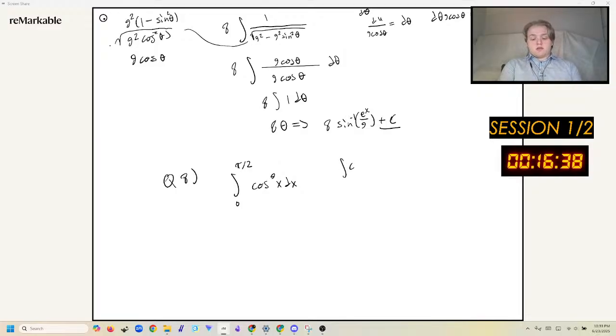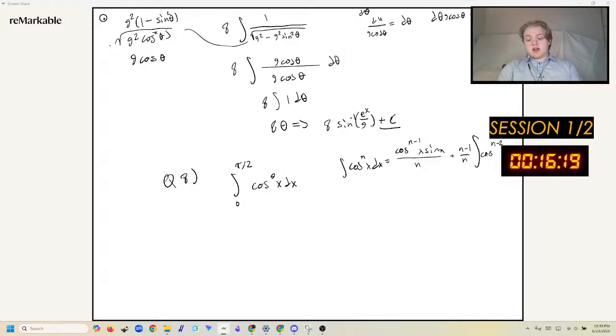The integral of cosine to the n of x dx is equal to cosine to the n minus 1 x sine x over n plus n minus 1 over n times the integral of cosine to the n minus 2 x dx.